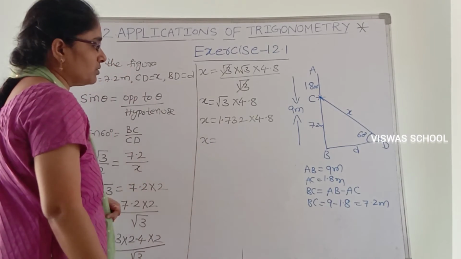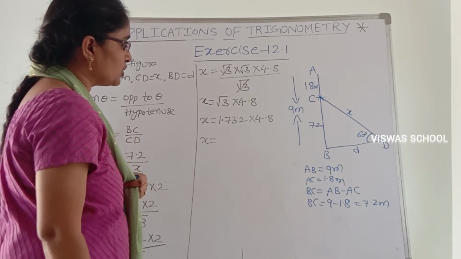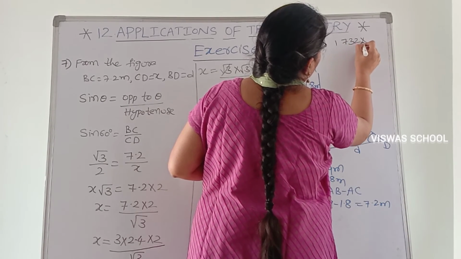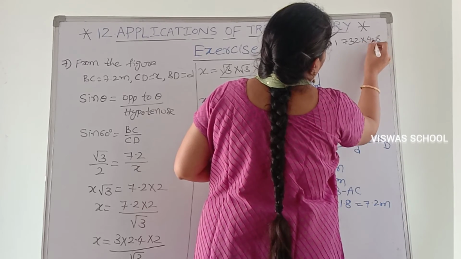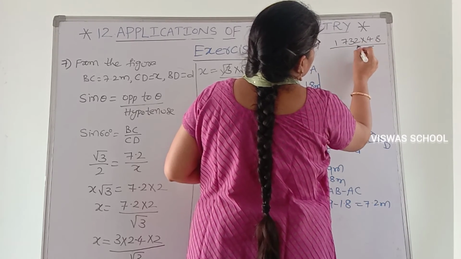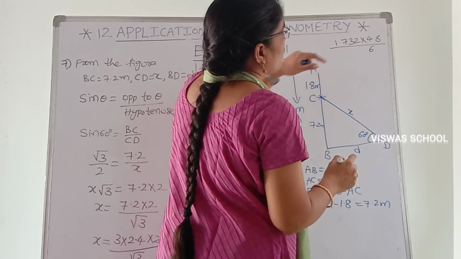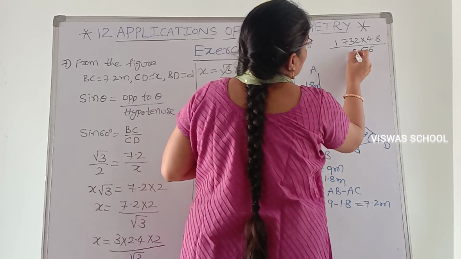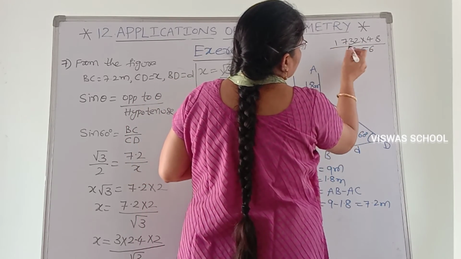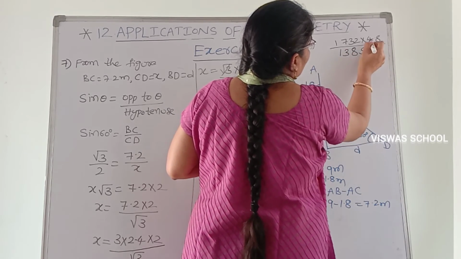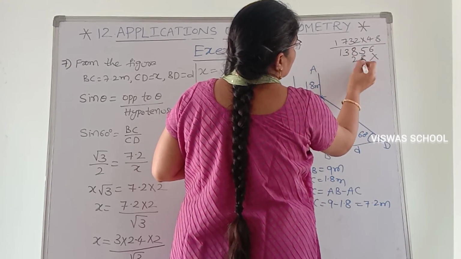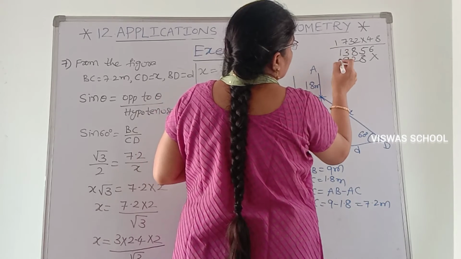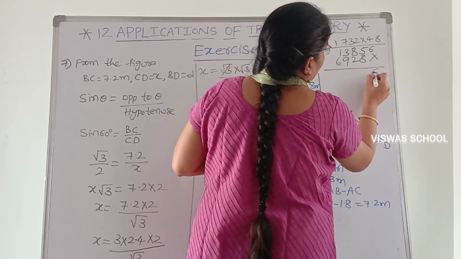Now x equals, multiply these two, 1.732 into 4.8. Here is the rough work. 8 2s are 16, 8 3s are 24 plus 1 is 25, 8 7s are 56 plus 2 is 58, 8 1s are 8, 8 plus 5 is 13. Now with 4: 4 2s are 8, 4 3s are 12, 4 7s are 28 plus 1 is 29, 4 1s are 4, 4 plus 2 is 6.